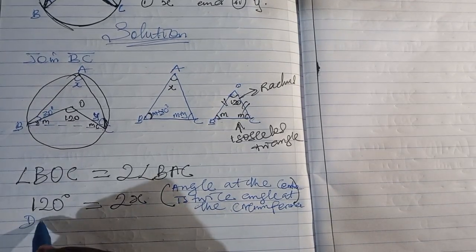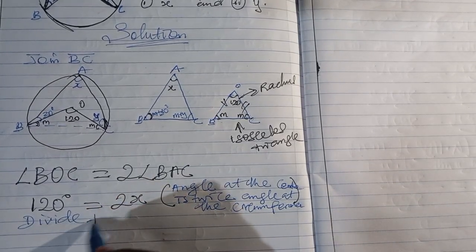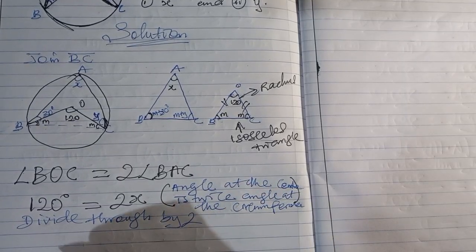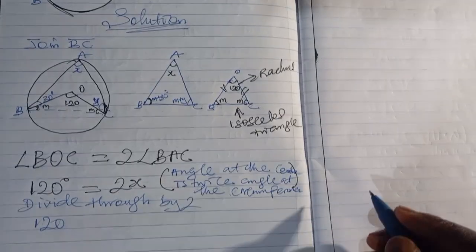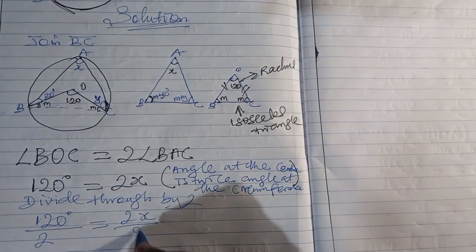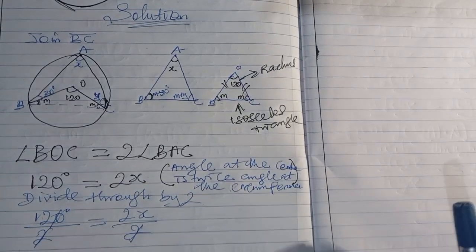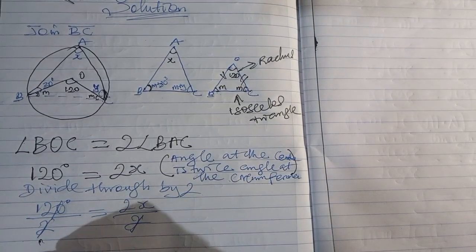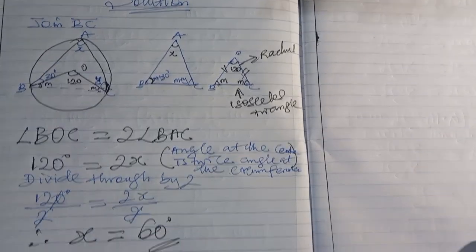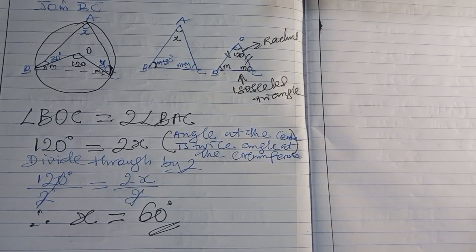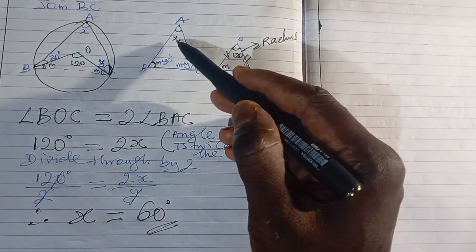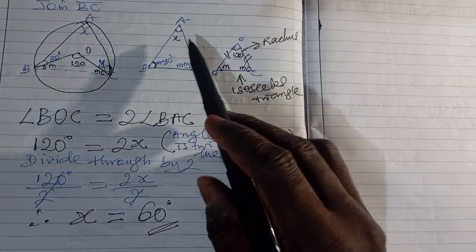So divide through by 2. 120 degrees divided by 2 is equal to 2x divided by 2. This can now cancel. Can we find x? Yes. Therefore, x is equal to 60 degrees. Now, that is the value for x. Remember, this x will be 60 degrees here. At least we have found x.